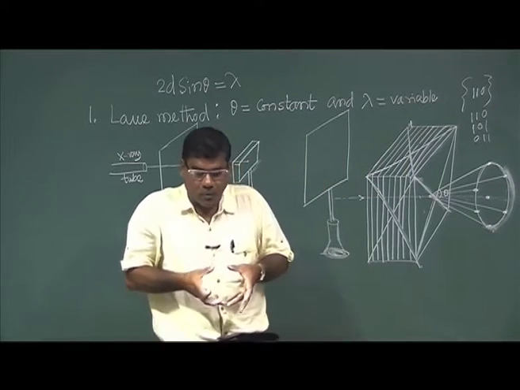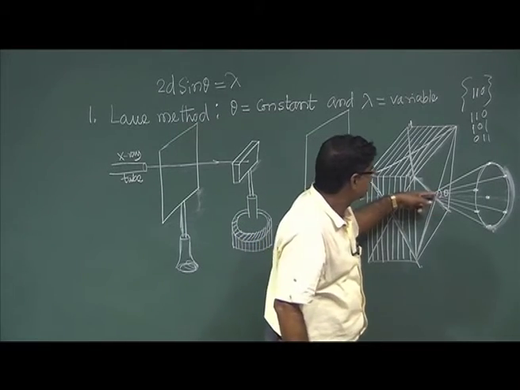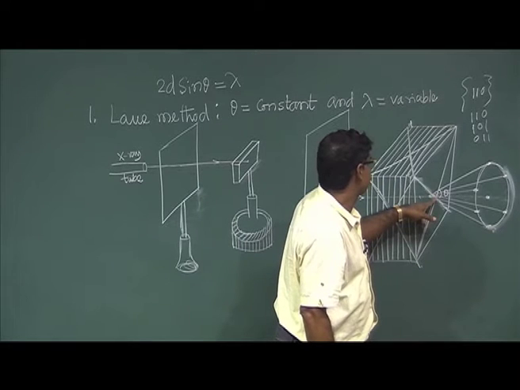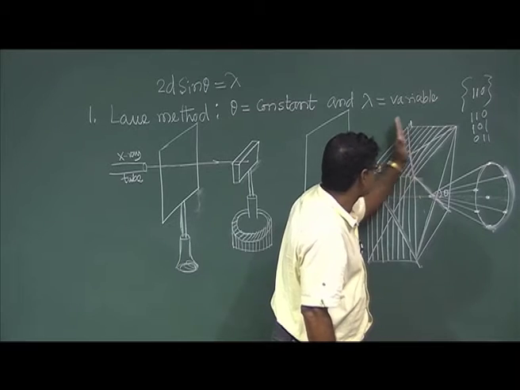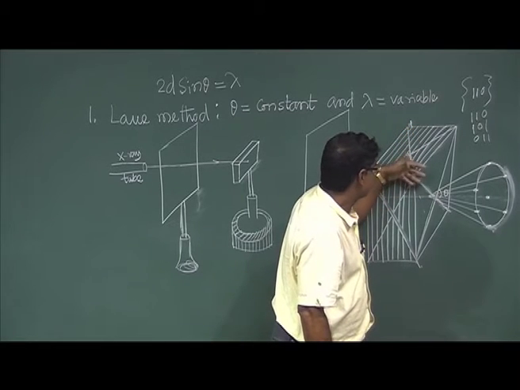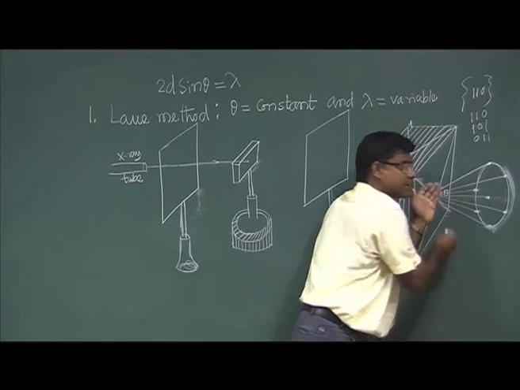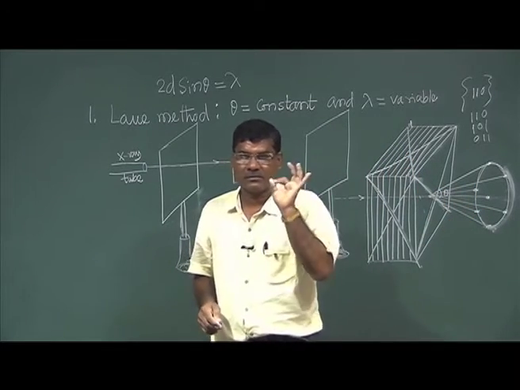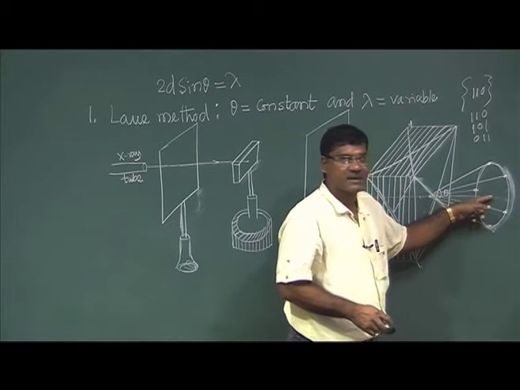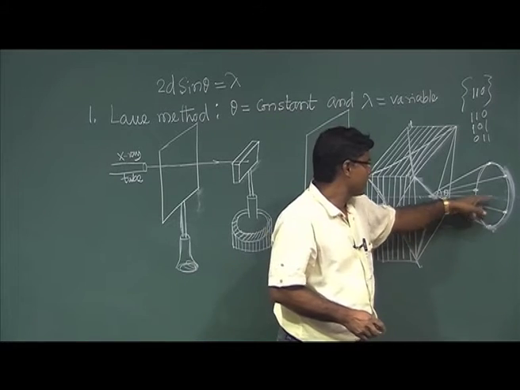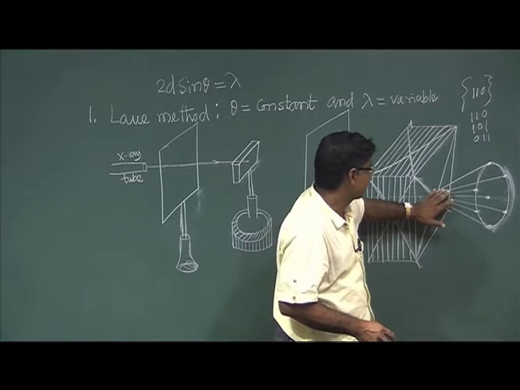So it will form a cone with angle theta, whatever the angle it will make with one of the planes. This is the axis of this cone, the direction of the incident X-ray, and taking this as the axis of this cone, with angle theta or two theta, it depends, okay.